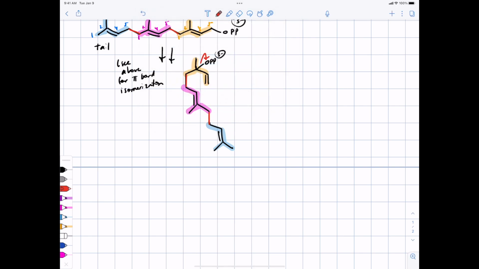The leaving group's going to leave. That generates the resonance stabilized carbocation. I'm going to draw one of those resonance structures. Whoa, not that one. To put the positive charge on that carbon.